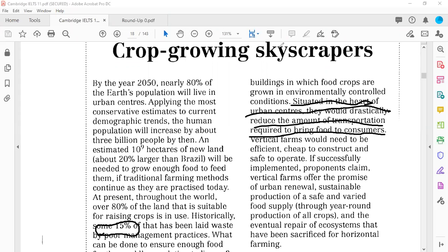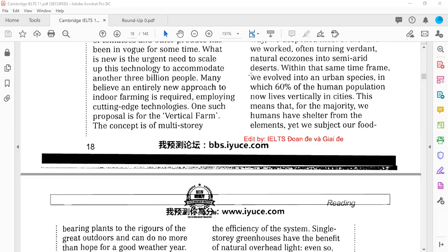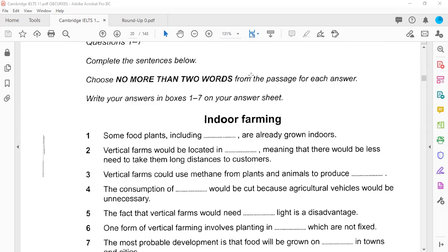You got it? Okay. Some food plants, including tomatoes, vertical farms would be located, in that sentence at the top.